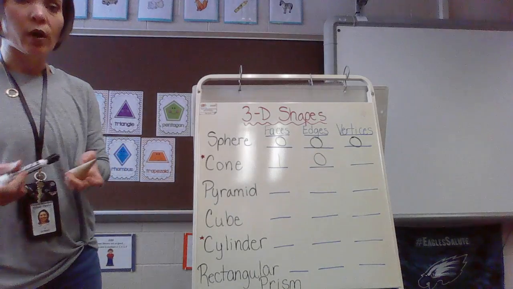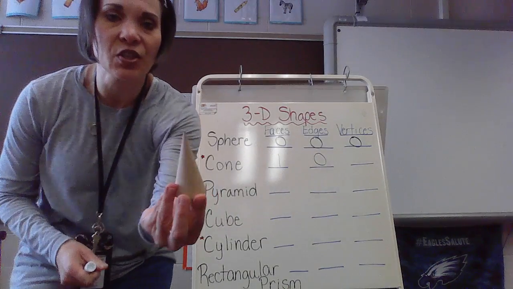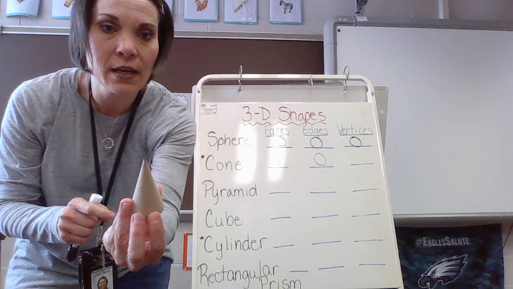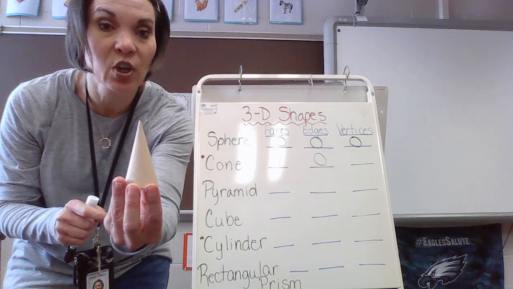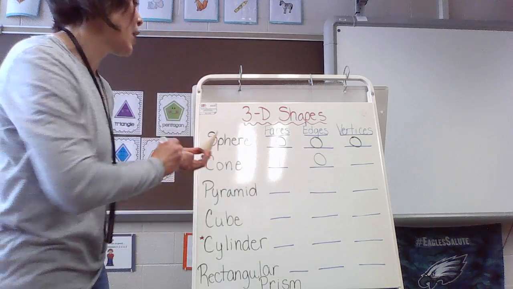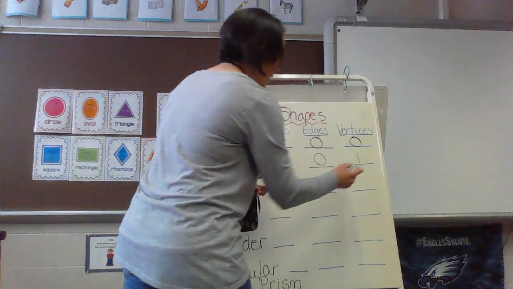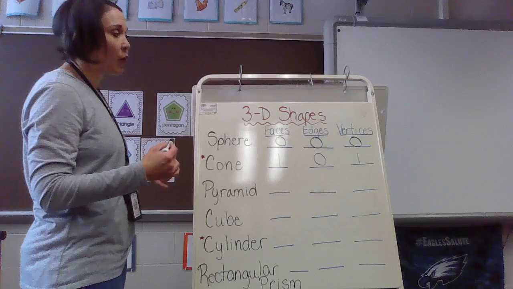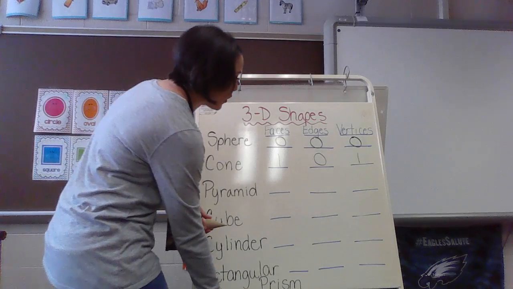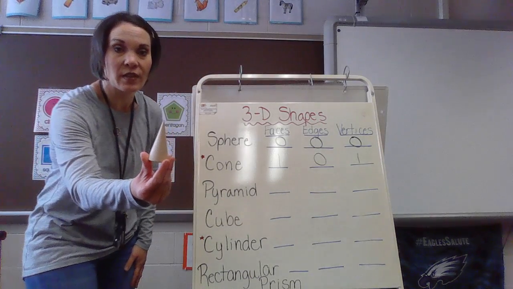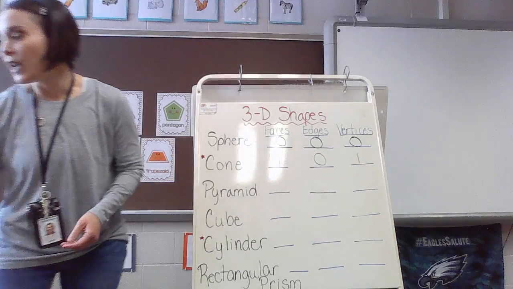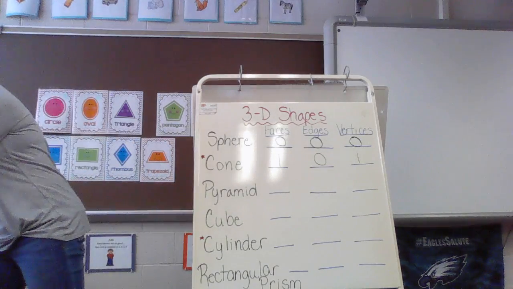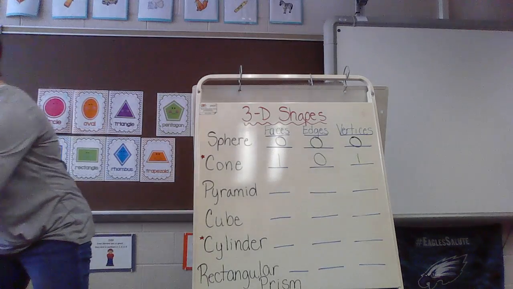Now a vertex, or a point: I'm looking at this cone and I see one tippy top vertex. So I'm going to count that as 1. So for our cone, we have 1 face, 0 edges, and 1 vertex. Now, thinking about cone objects in real life, I have 2 for you here.